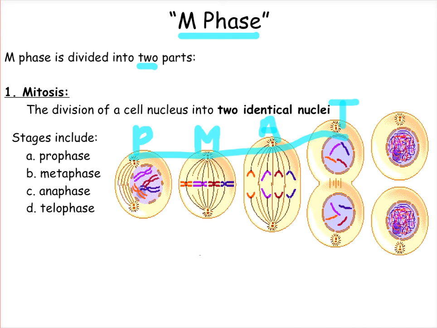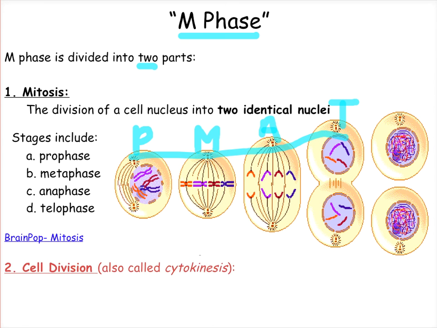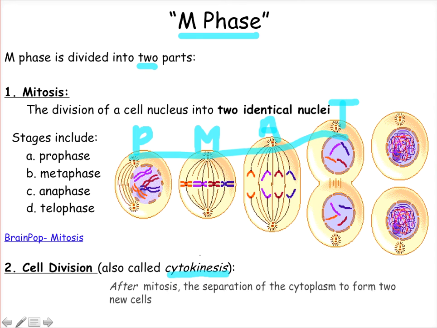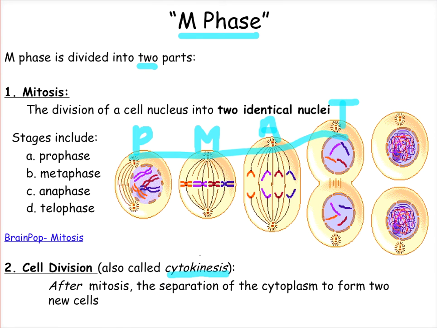The second part of M phase is cell division. This is better known as cytokinesis, and I'll expect you guys to use this term cytokinesis. This is the division of the cytoplasm, which finishes the formation of the 2 new cells.